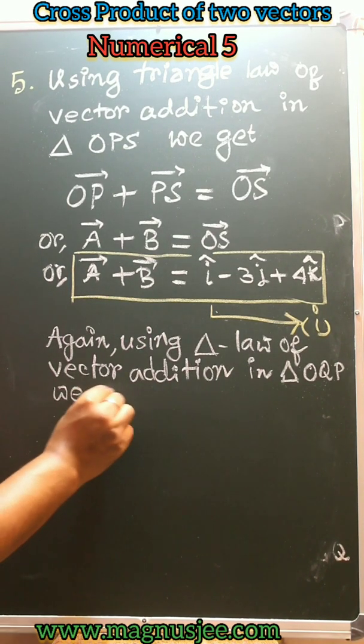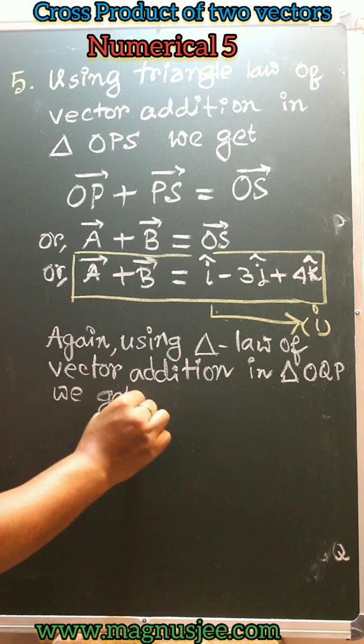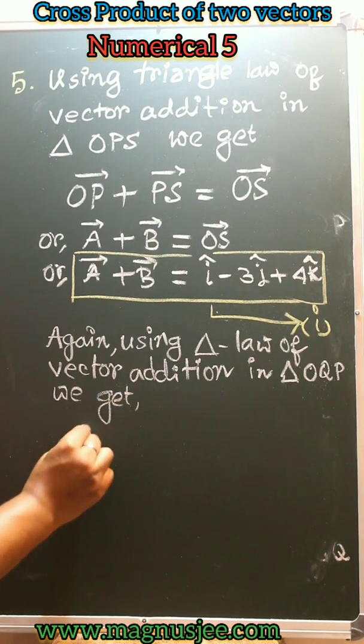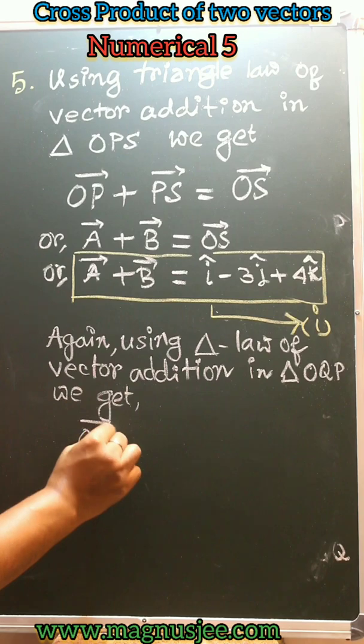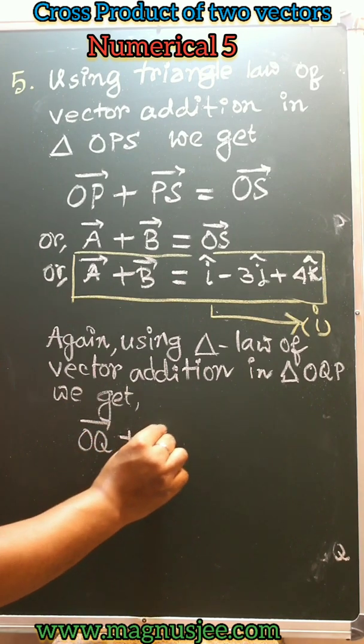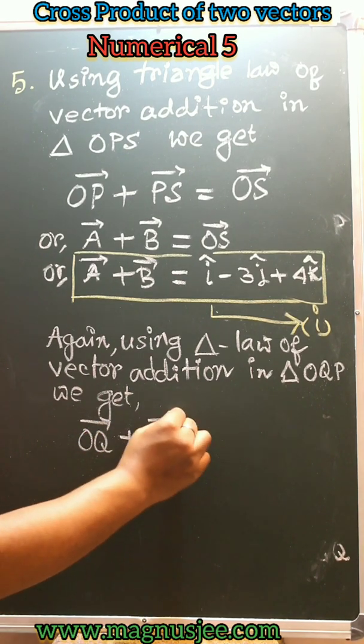We get vector OQ plus vector QP is equal to vector OP.